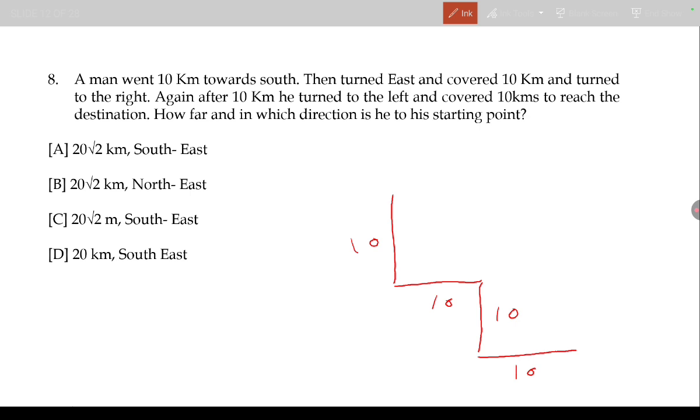How far and in which direction is he from the starting point now? It was his starting point and now he is here. Basically, this is the distance, how far he is from it.